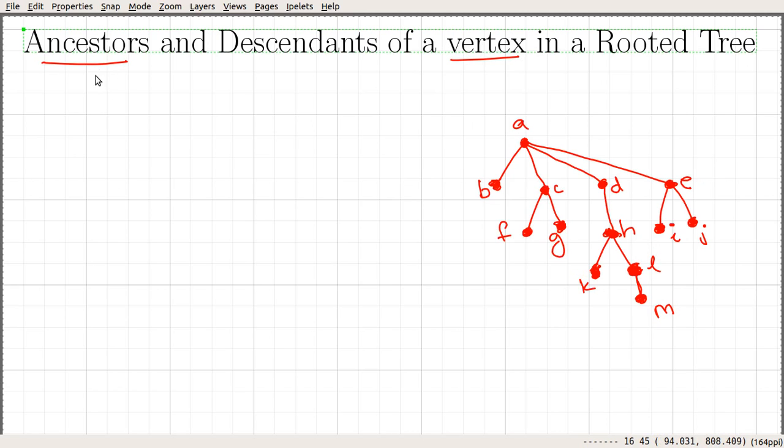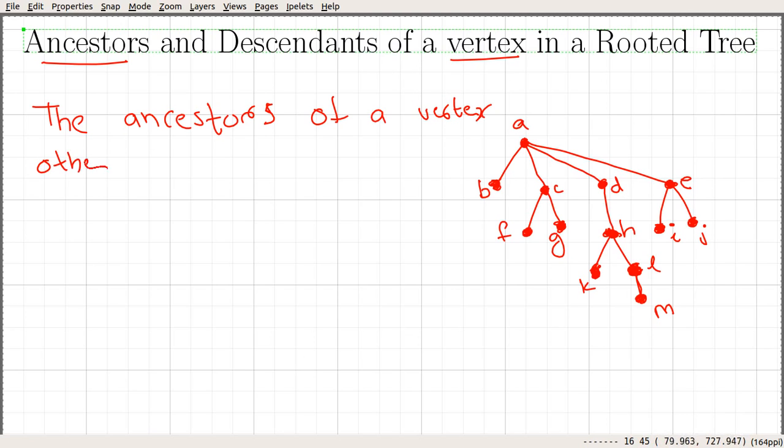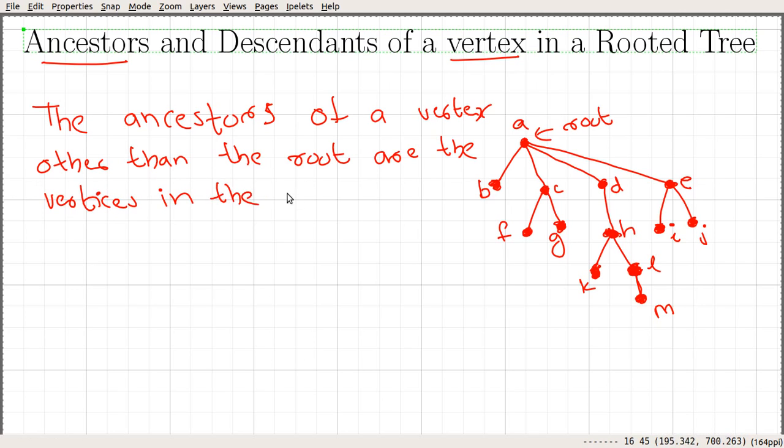The ancestors of a vertex other than the root are the vertices in the path from that vertex to the root, including the root and excluding that particular vertex. The root doesn't have any ancestor, since it doesn't have any parent.